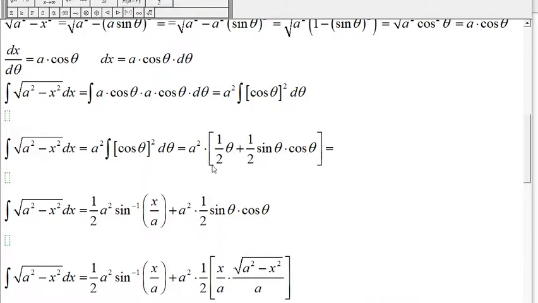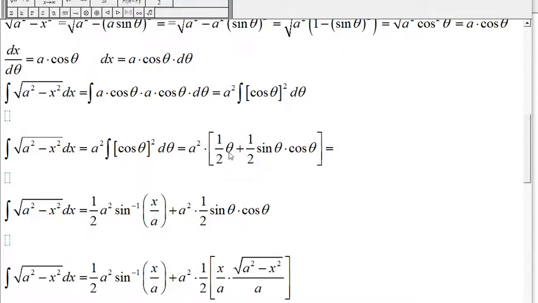And now back to our integral. The antiderivative of cosine squared of theta is 1/2 theta plus 1/2 sine theta cosine theta, and then we have the a squared in the front. So this is a squared times 1/2 theta.